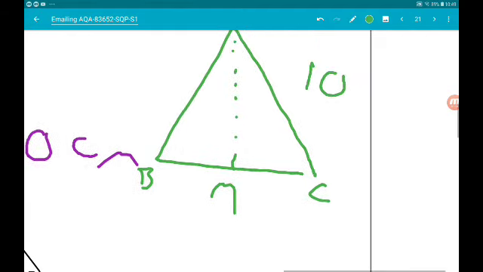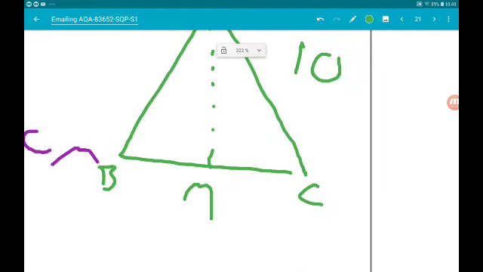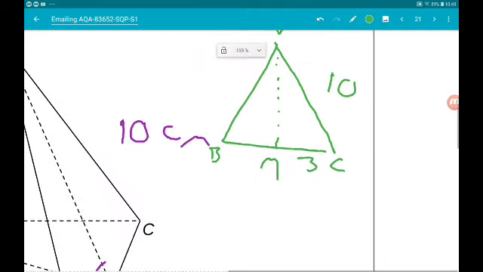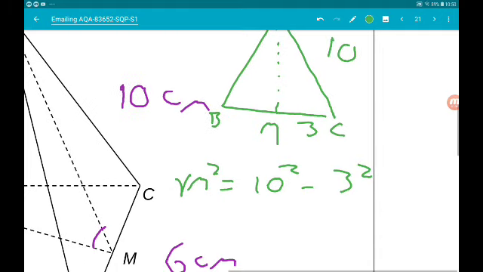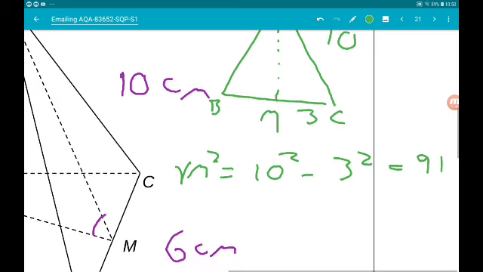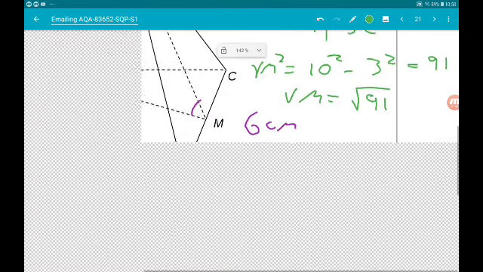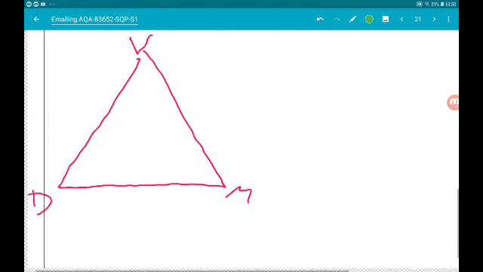So, the length MC is 3. So, by Pythagoras, VM squared is 10 squared minus 3 squared, which is 91. So V to M is root 91. So there's one length.